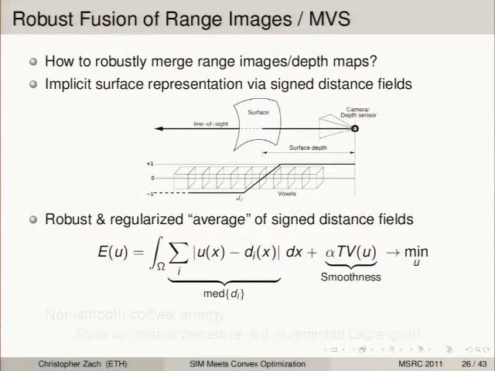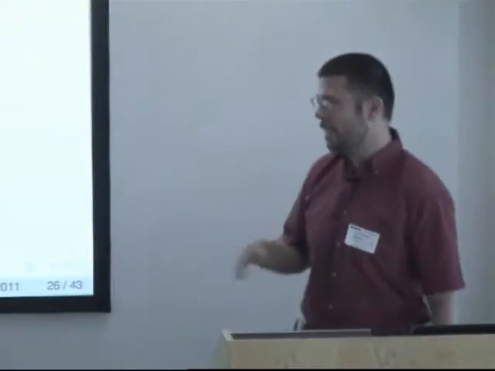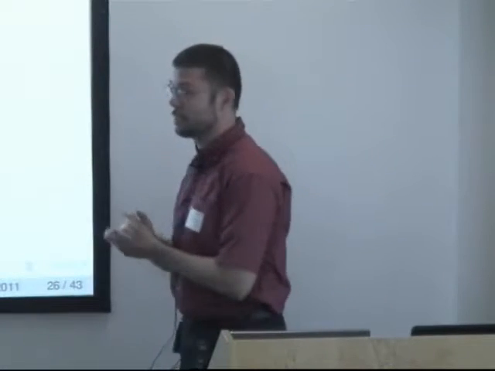The model we formulated is, on the smoothness side, we use total variation, which essentially also translates to minimizing the surface area of the model you obtain finally. And for the data term, we wanted something robust, in contrast to volumetric range integration, which has essentially a square data term.